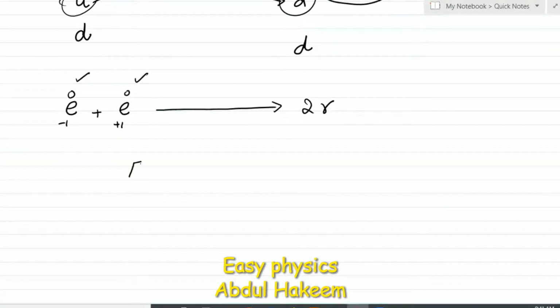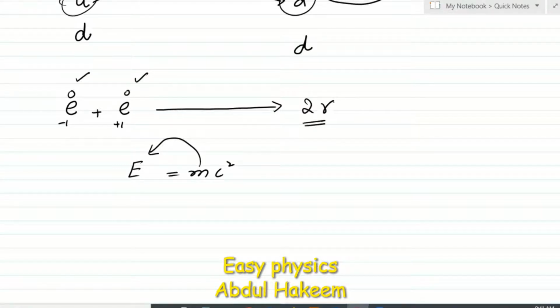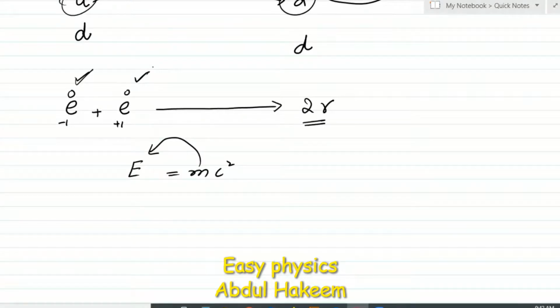And the relation, look, energy is equal to mc square. So the masses are converted into energy, meaning when a particle interacts with its own antiparticle, the whole of the mass is converted into energy according to the famous Einstein equation E is equal to mc square, and the energy will be in the form of gamma radiation.